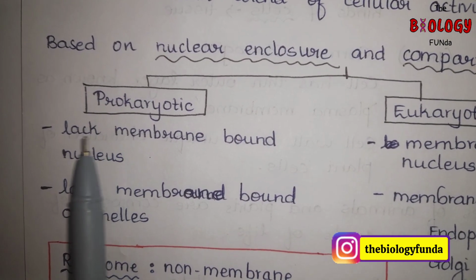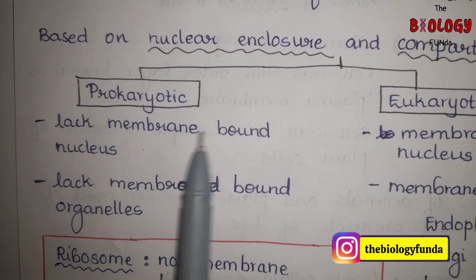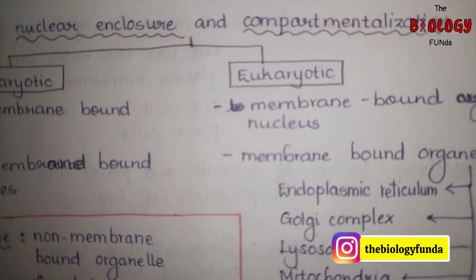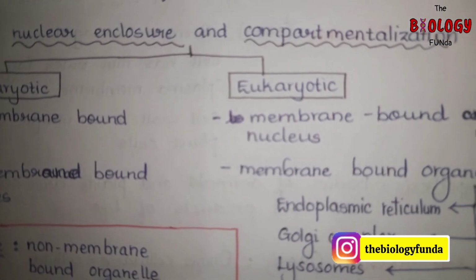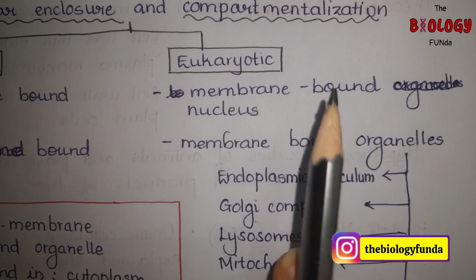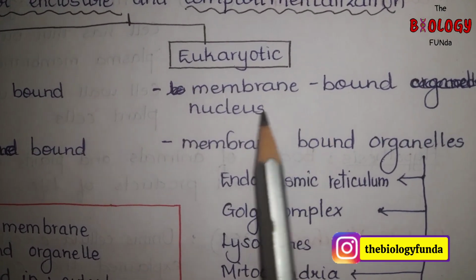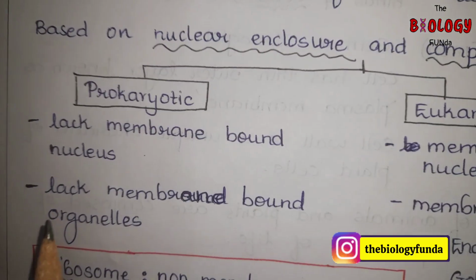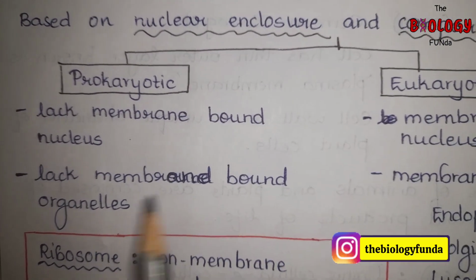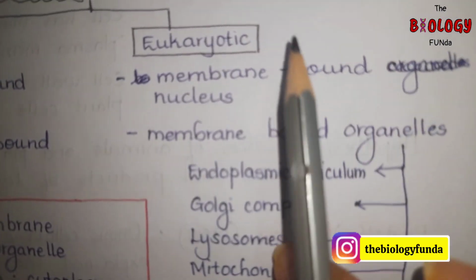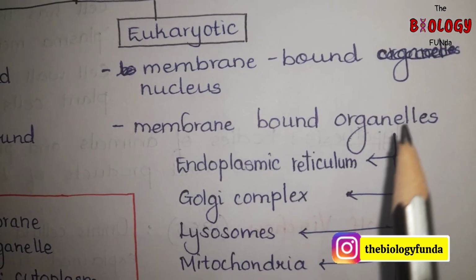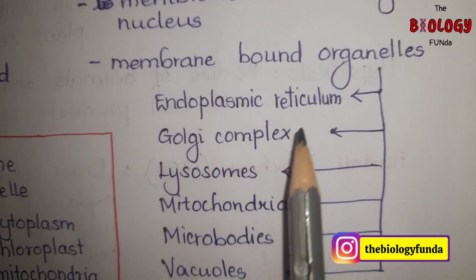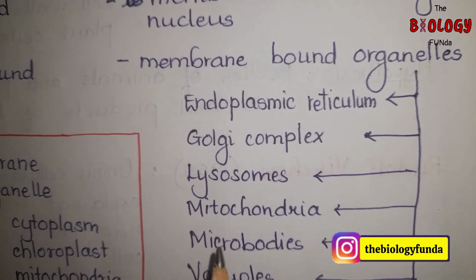Prokaryotic are those which do not have a membrane bound nucleus, while eukaryotic are those which have a membrane bound nucleus. Prokaryotic lacks membrane bound organelles, while eukaryotic has membrane bound organelles like endoplasmic reticulum, Golgi complex, lysosome, mitochondria, microbodies and vacuole.